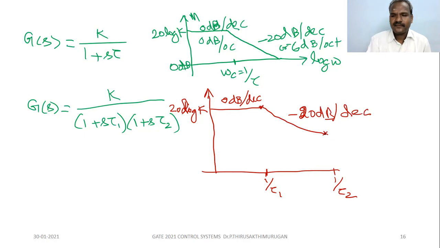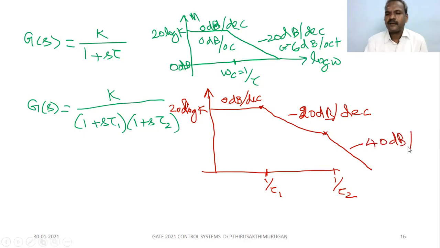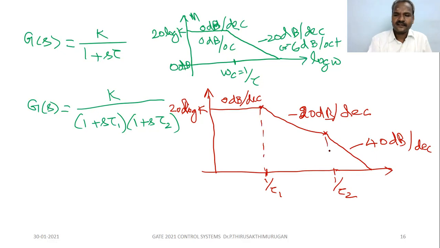Then from the next corner frequency, another slope change occurs, so this is minus 40 dB per decade, or minus 12 dB per octave. This is decay. Understand? So this is the standard Bode plot for the second order transfer function. Understand? Next transfer function is third order, with 3 poles in the denominator.